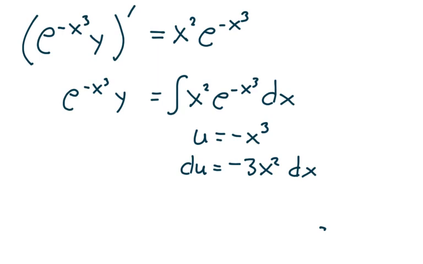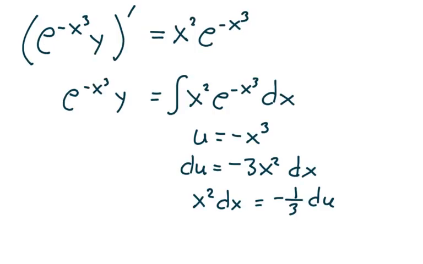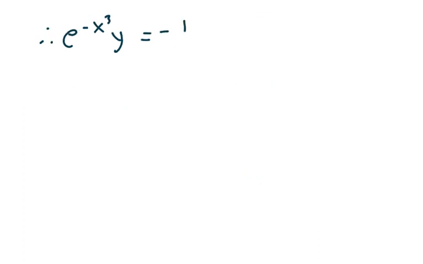Now, so x squared dx is negative 1/3 du, right? So therefore, e to the negative x cubed times y is negative 1/3 times the integral of e to the u du.